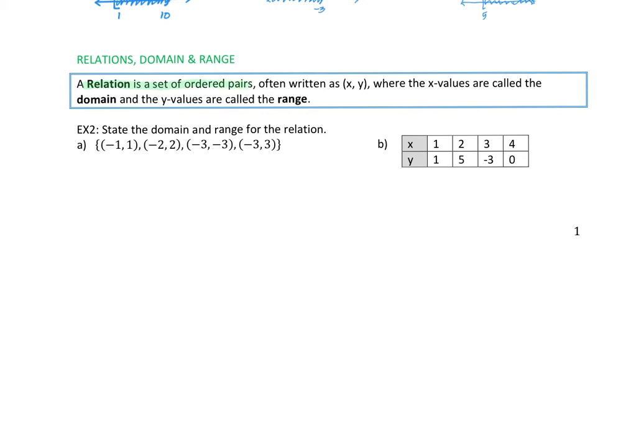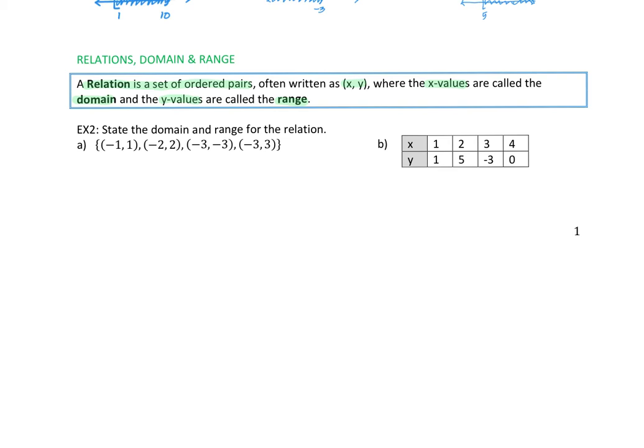Often when we write ordered pairs, we will write them as X and Y. So if you have a relation, which is a set of ordered pairs, the X values would be what we call the domain. And the Y values, that second component in the ordered pair, would be the range. So the first thing should be your domain, the second value would be your range.